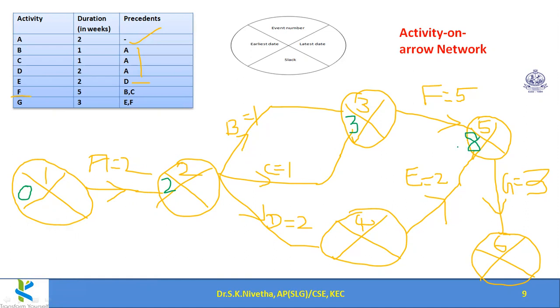And for this, I have one more choice: 2 plus 2 plus 2, 6. So 6 is less than 8, so I am choosing 8 itself. And 8 plus 3, 11. So this also ends up 11 like the previous diagram.